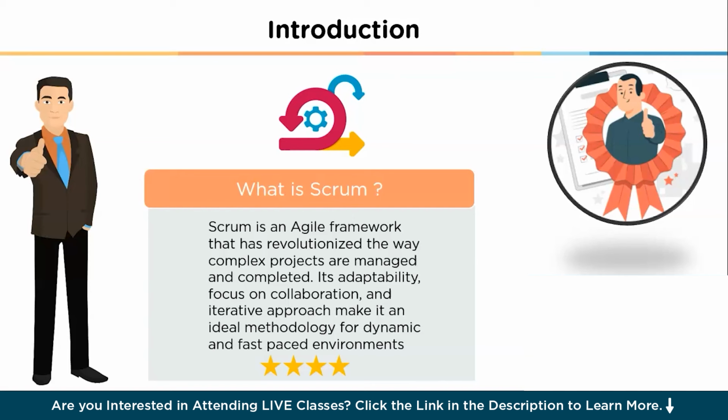While Scrum is most commonly associated with software development, its principles and practices can be applied to various industries to enhance efficiency and product quality. This comprehensive tutorial aims to provide you with a deeper understanding of Scrum, covering its roles, artifacts, events, processes, benefits, and practical implementation. By the end of this tutorial, you will have a solid grasp of Scrum and how to leverage its potential for your projects.